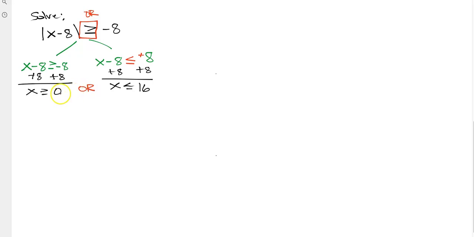So in this, we want everywhere those two graphs show up. So I'll do this one in blue and this one in green, and let's just graph it and see where those are at. Okay, so I'll put 0 here and then 16 somewhere down here. I'm not going to write all of the numbers in between.